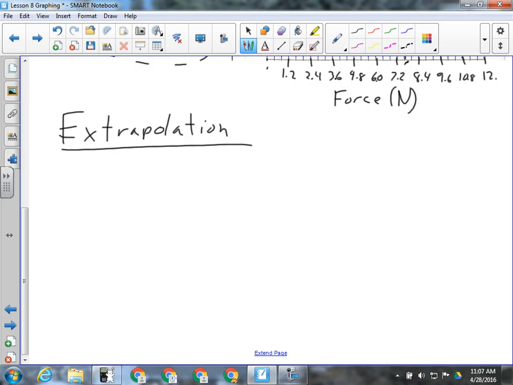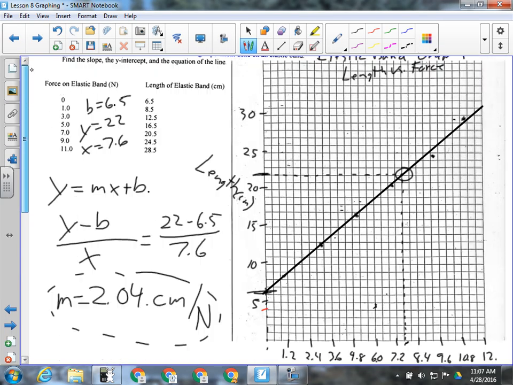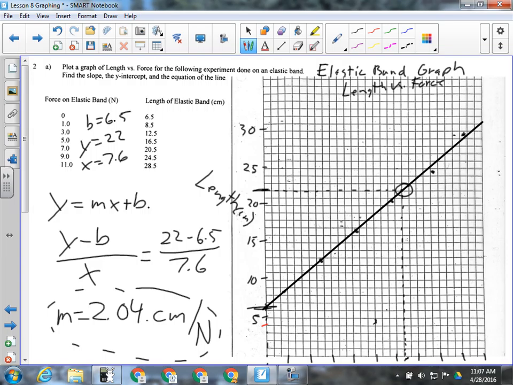So in other words, for this rubber band graph that I've got here, now that I have m, I could calculate several things, like how long will the elastic be if I used a force of 15 newtons? That's not on my graph.